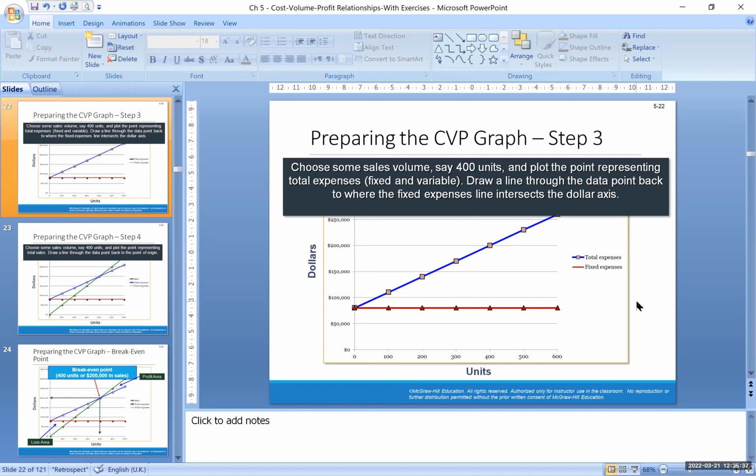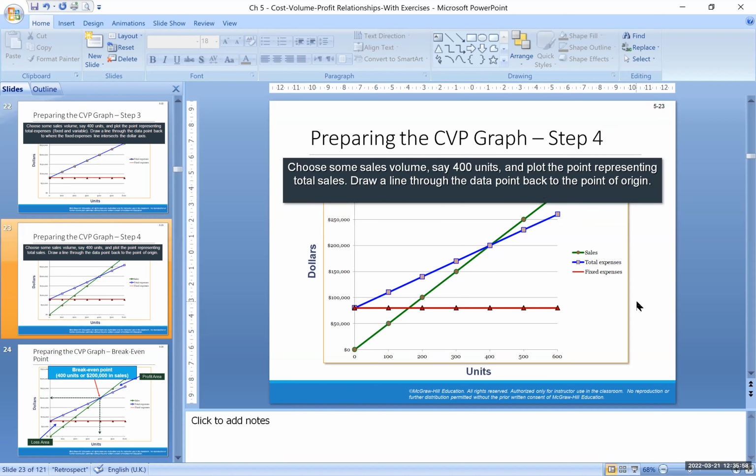Remember that the total cost line will start from the fixed expenses, not from 0. The line starting from 0 refers to the total variable cost only. If we are talking about the total cost, it will start from the line of the fixed cost.